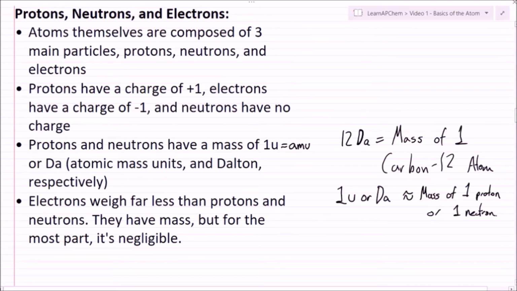It's not exact, but this is a pretty good formula to go off of. Note that electrons weigh far less than protons and neutrons. They do have mass, but when you're working with calculations, it's pretty much negligible, so you don't have to worry about it.